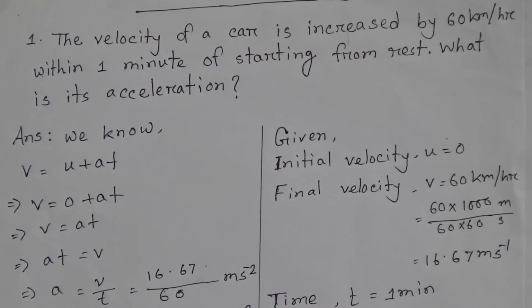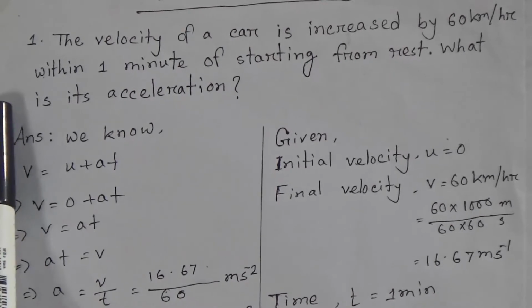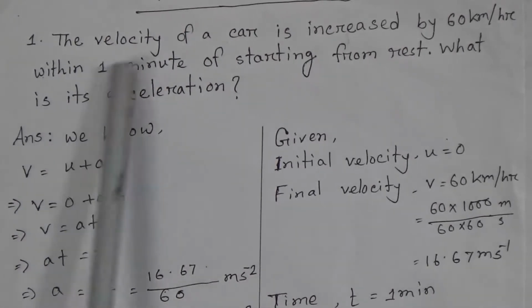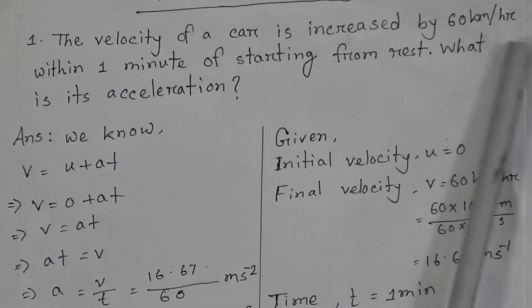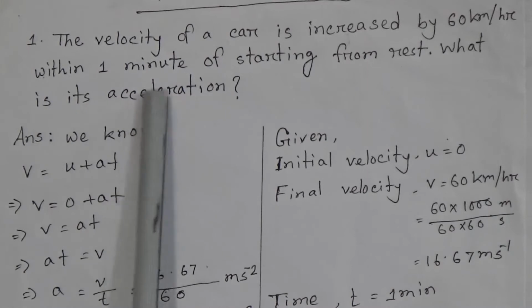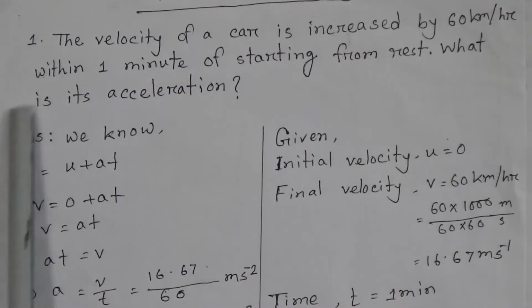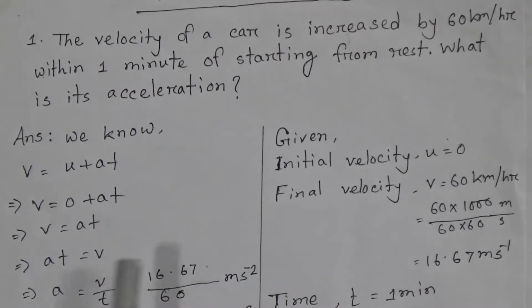Okay, problem number 1: the velocity of a car is increased by 60 km per hour within 1 minute of starting from rest. What is its acceleration? My dear students, at first you have to memorize the 4 equations of motion.